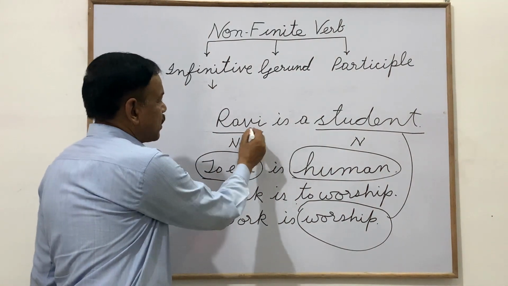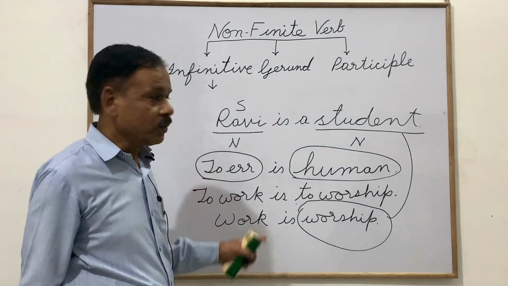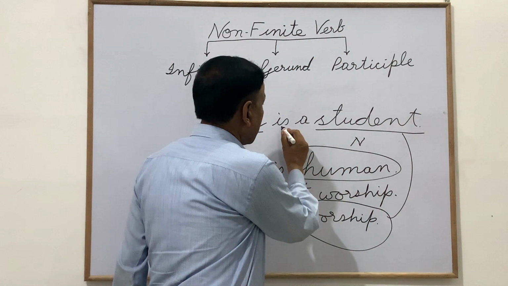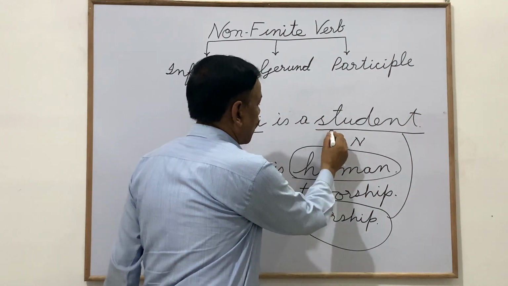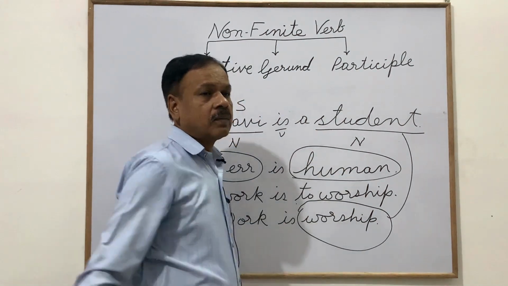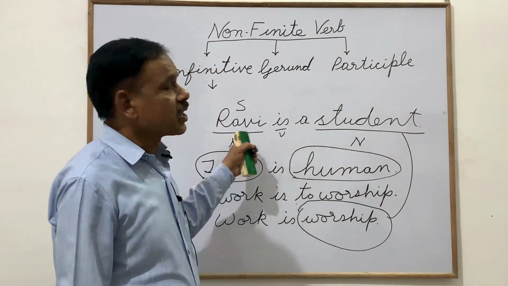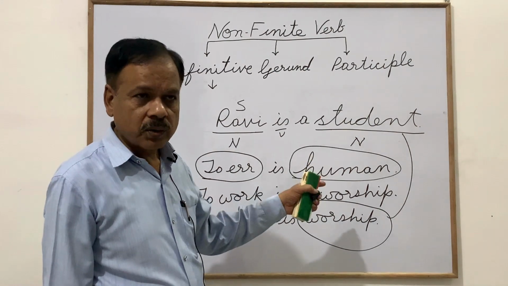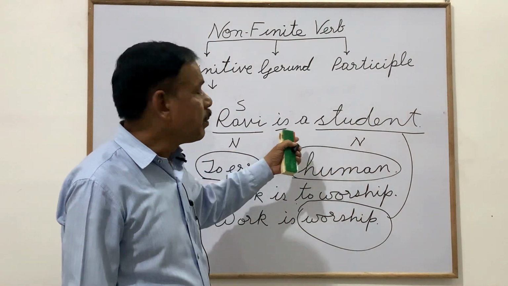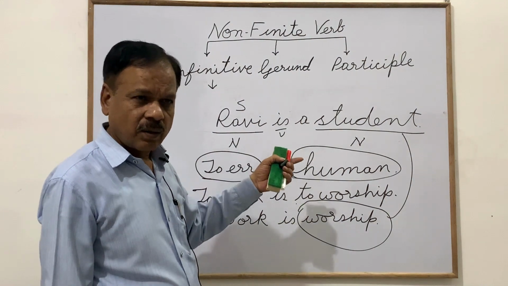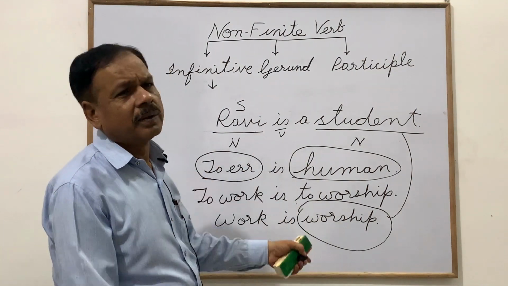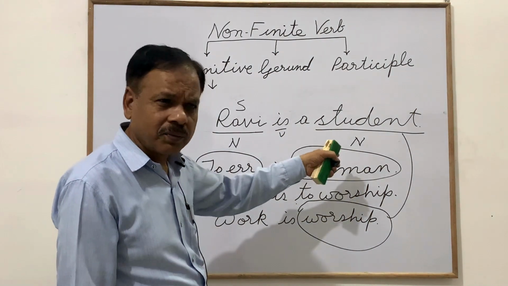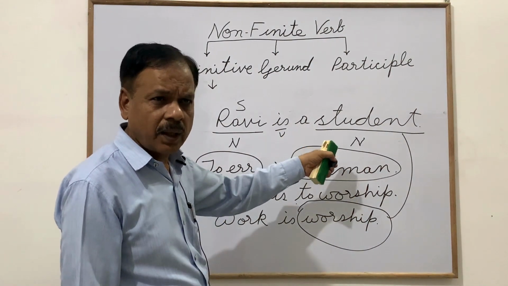This Ravi is the subject. Verbs and nouns are used as subject. Here, this is the complement of the verb is. We also say subject complement in some books, and in some books they say complement of the linking verb is. Whatever they call it, we know that it's a noun, and this is the place of a noun. So a noun can be there.